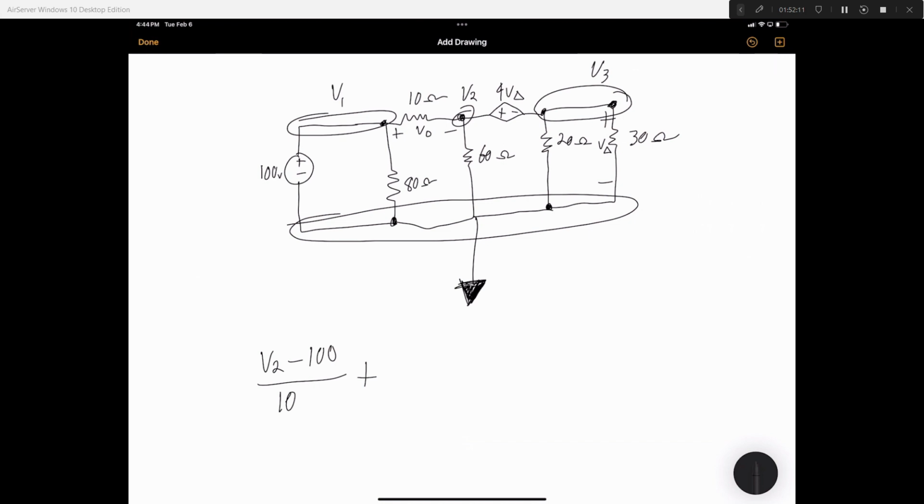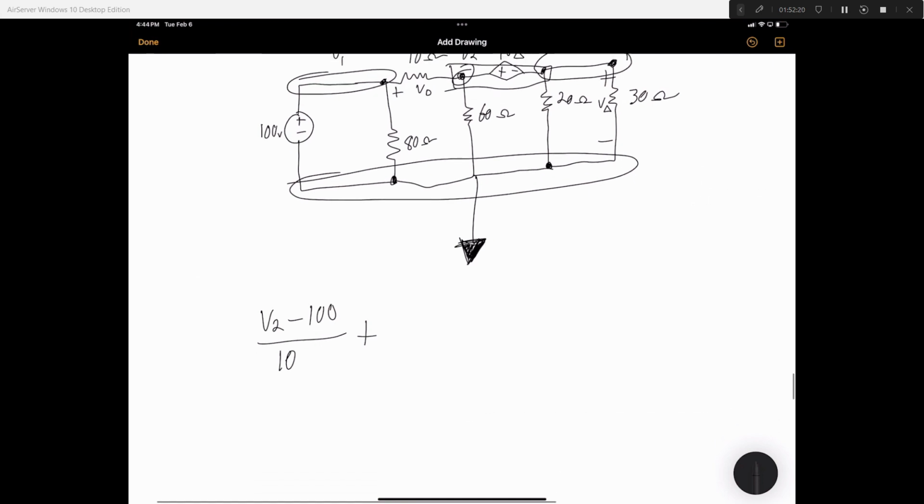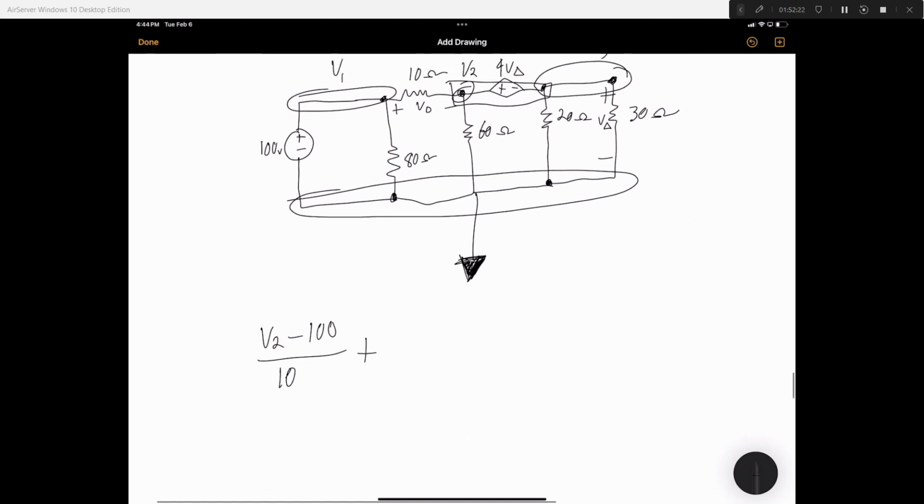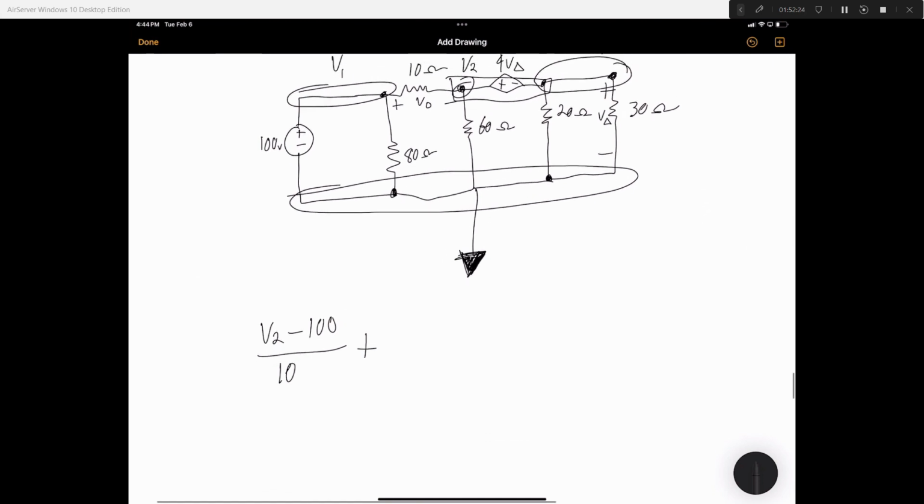So, what we're gonna do is, since this little thing here is a node, we'll draw a KCL out of every point from there. So we'll do V2 over 60.